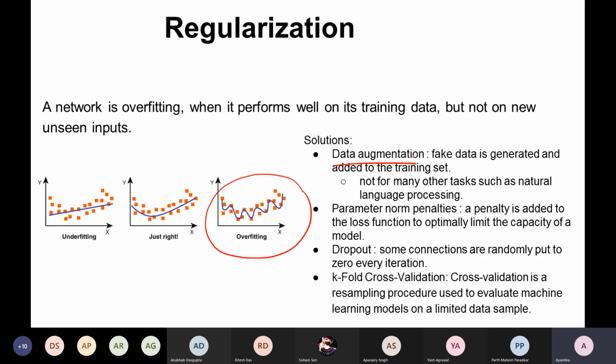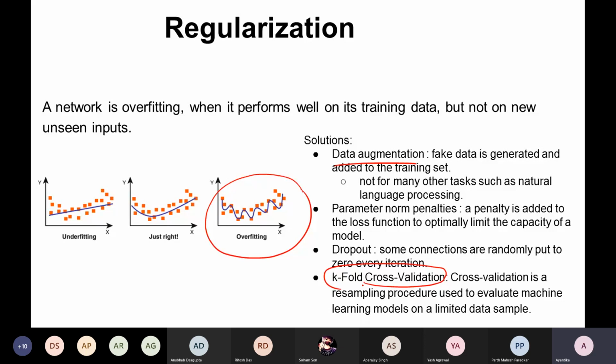Next one is parameter norm penalties. You are adding penalties associated with the loss function to limit the capacity of the model. Next one is dropout. Some connections are randomly dropped out and put to zero at every iteration. The final one, heavily used, is cross validation.